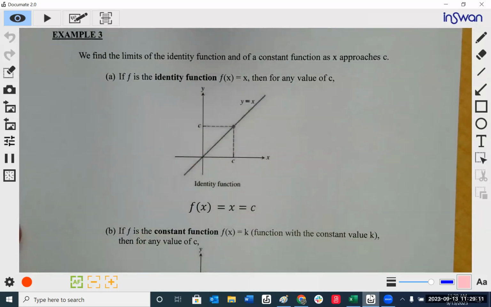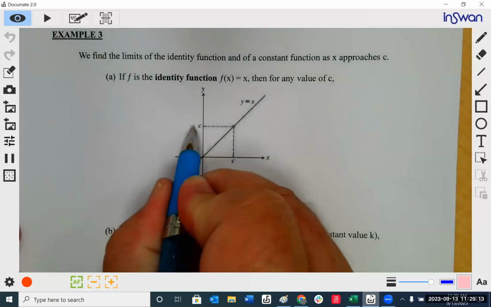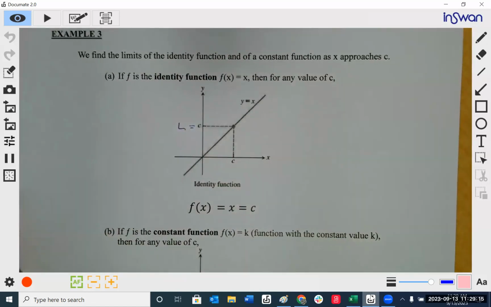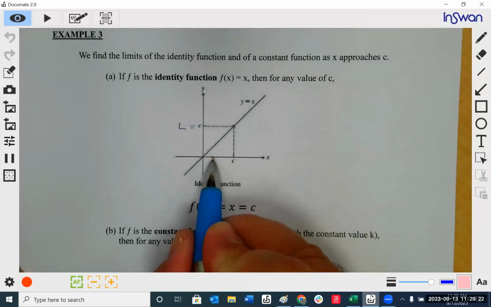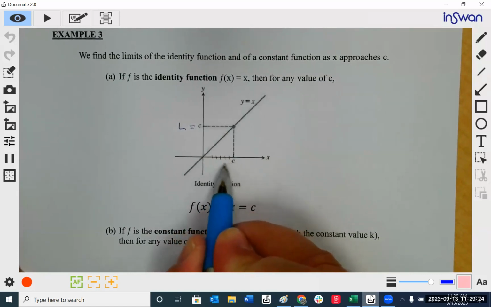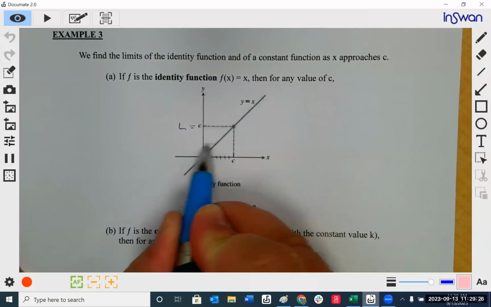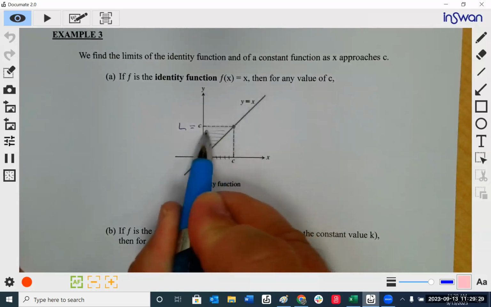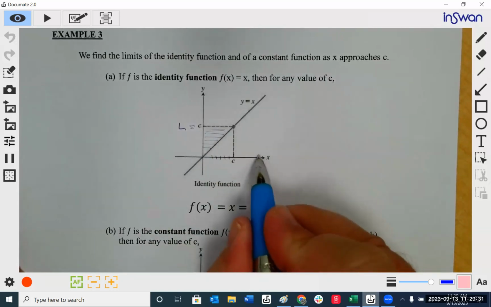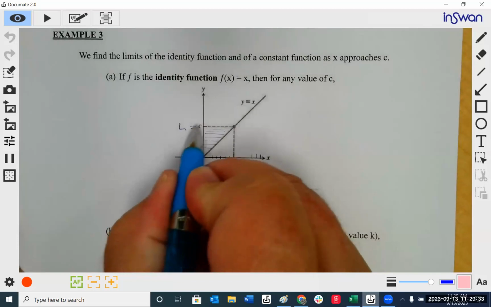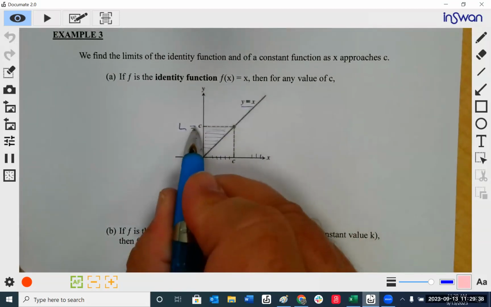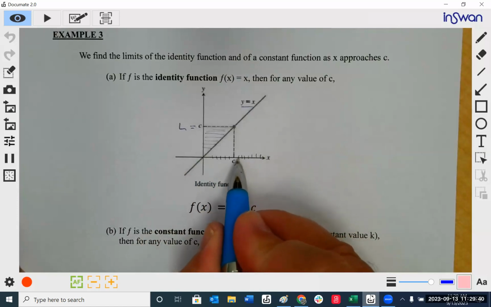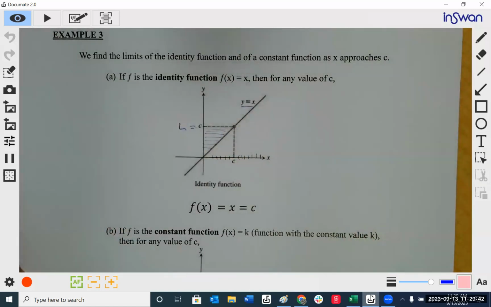This should be L because it approaches a limit. But as our points get closer to c, what happens to our points on the y-axis? Oh, that's why they put c, because the function is y equals x. So if this is 4, that's 4. If I'm coming down closer to 4, my limit is going to be 4.